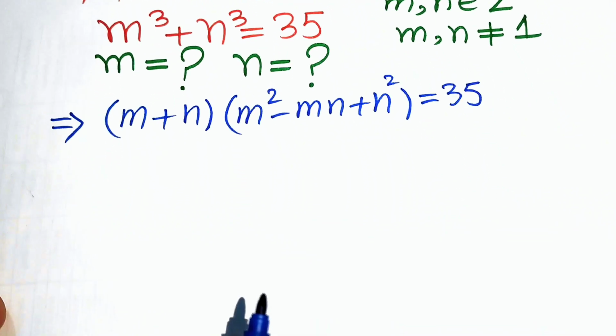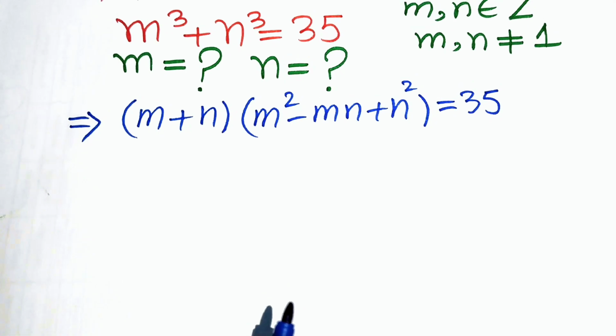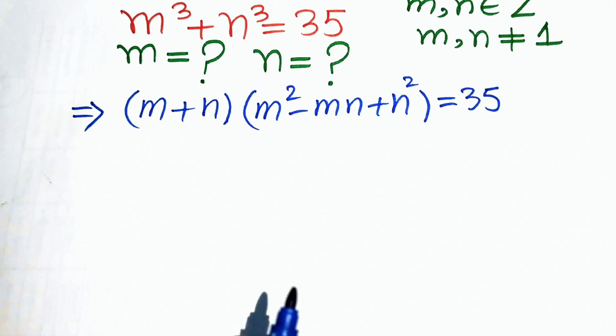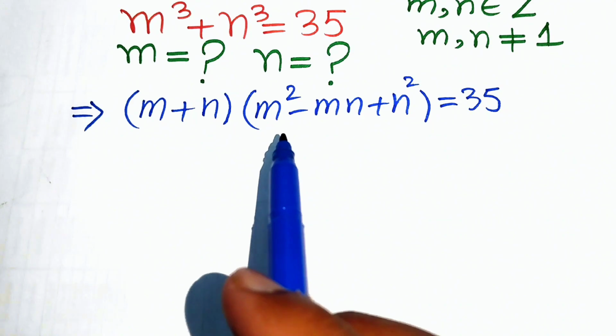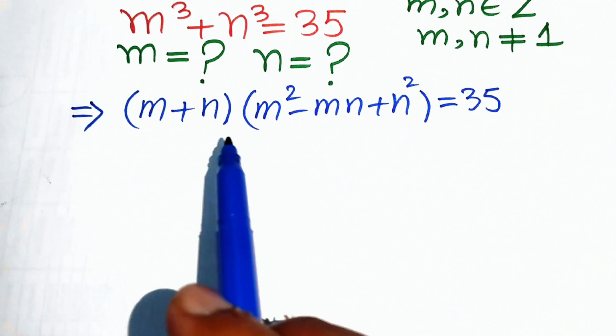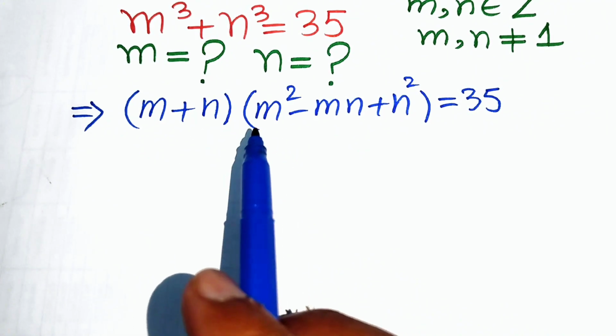In the next step, focus on the left hand side, where we have two factors multiplied by each other. Let's first make the relation between these two factors.